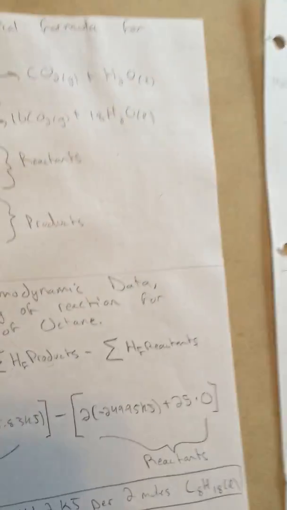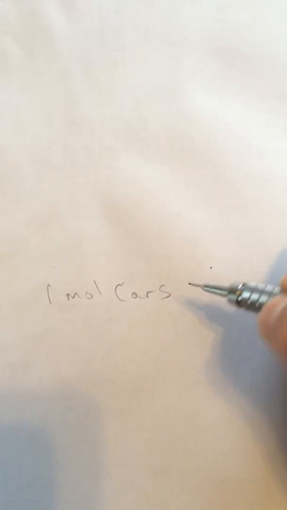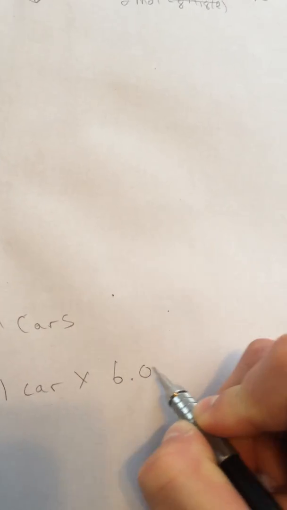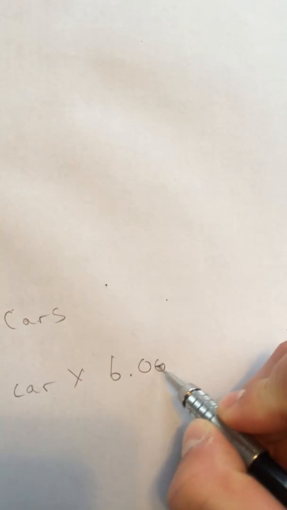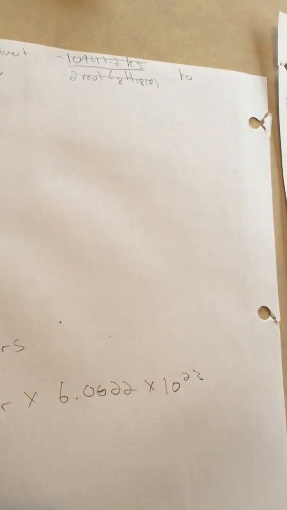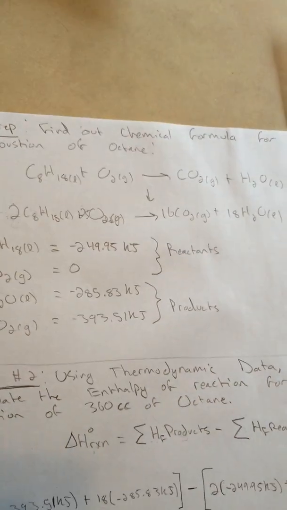So if we had 1 mole of cars, that would be 1 car times 6.0 times 10 to the 23rd power, a really large number with 23 zeros. You can imagine how small these are down to the atom size, and that's why we use moles.